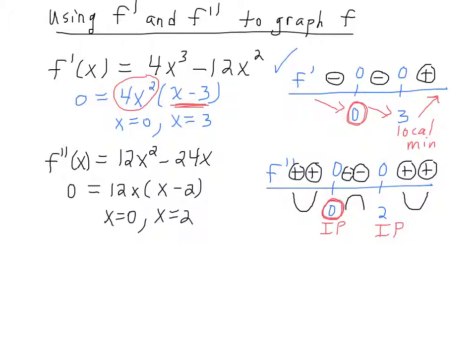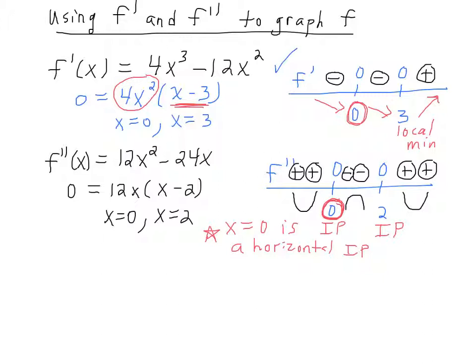That is because if the first derivative is 0, then it must be horizontal at that point, right? So x equals 0 is a horizontal inflection point. Yes, it's an inflection point, but we can further classify it as a horizontal inflection point.